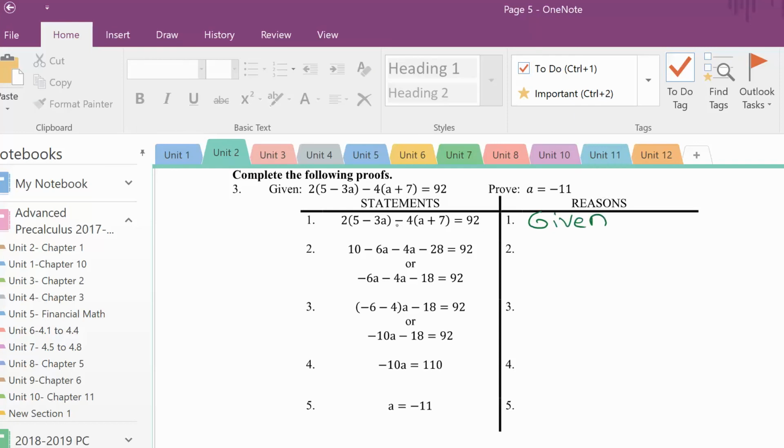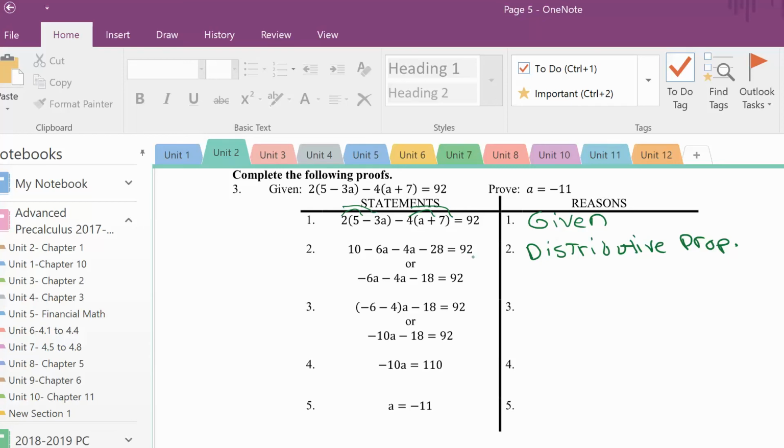So that's the reason. For the second statement, you want to know what they do from the first to the second. If you notice, what they did is they distributed the 2 and the negative 4, so they used the distributive property. So they have 10 minus 6a minus 4a minus 28 equals 92.